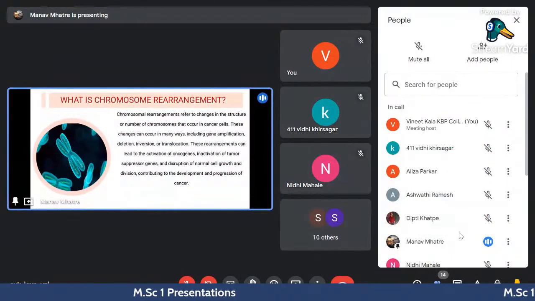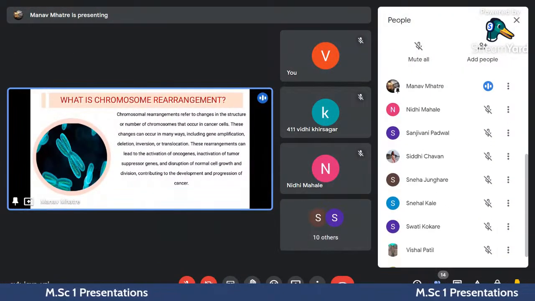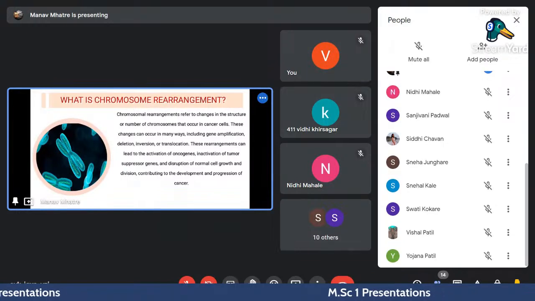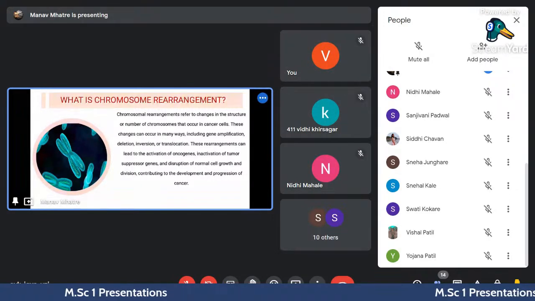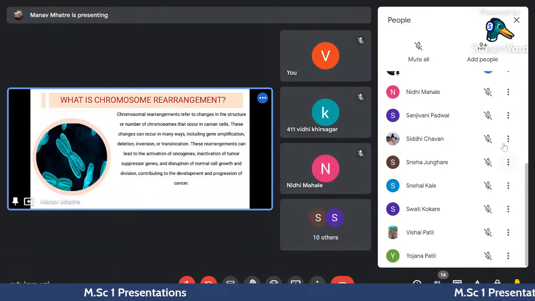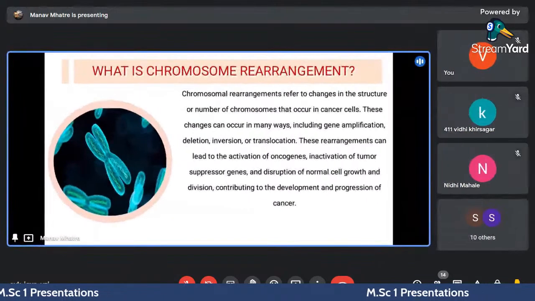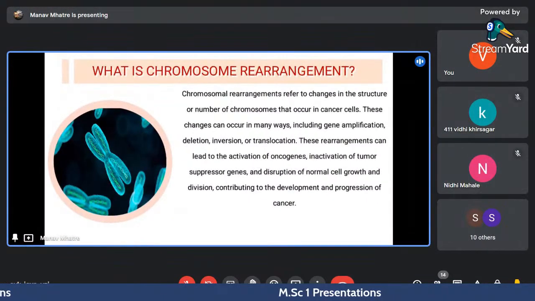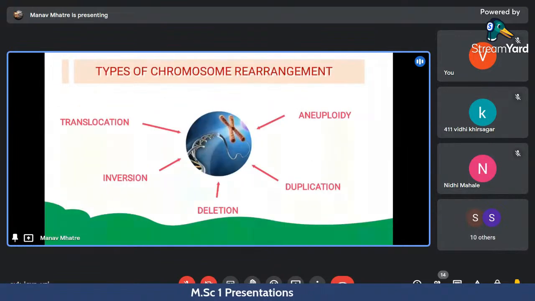Chromosome rearrangement can occur spontaneously or may be caused by exposure to radiation, chemicals, or other environmental factors, which can lead to oncogenesis, inactivation of suppressor genes, and disruption of normal cell growth and division, contributing to development and progression of cancer cells.